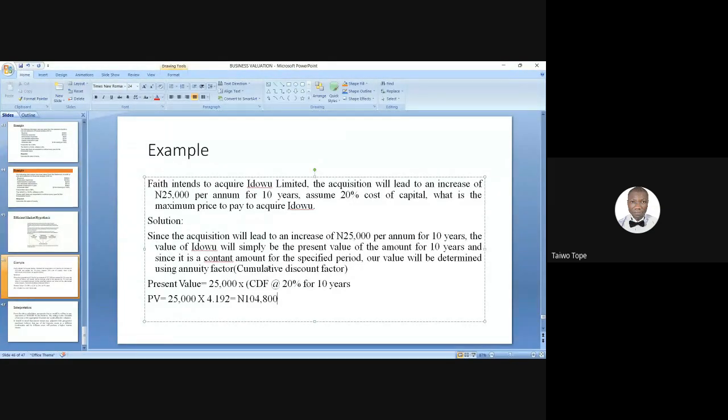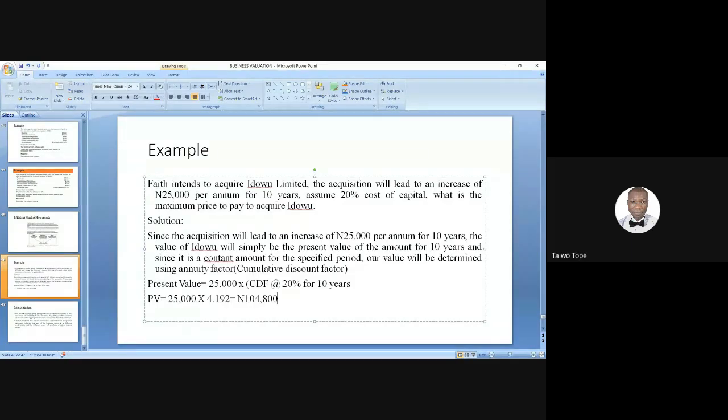For those that have followed over time, where we were treating redeemable and irredeemable preference shares, you see how we present and determine our present value. But in this case, the inflow is regarded as being constant. And I think we're going to look at another example, whereby the inflow or the profit will not be constant, not regarding present value but regarding growth rate.